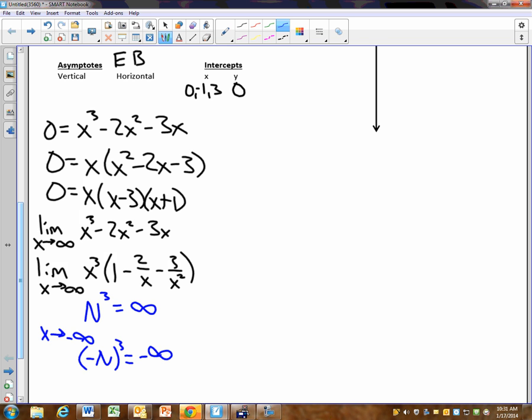So, we don't have any vertical asymptotes, and we don't have any horizontal asymptotes, but we do have end behavior that we could talk about. And here's how we write it, okay? As x goes to infinity, y goes to infinity.